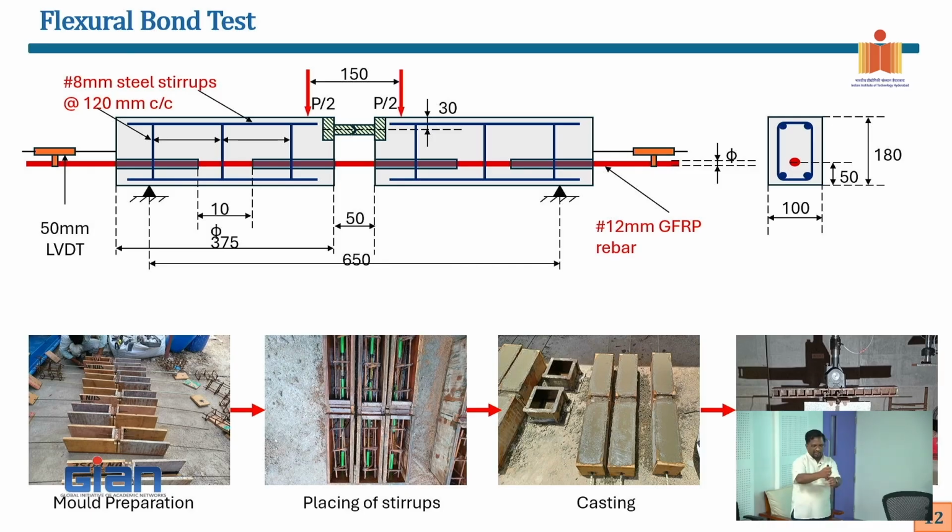Because instead of doing the simple bond test, this is closer to flexural behavior. Now I'm testing it in pure bending. The same shear stress slip, instead of doing it in this kind of pullout, which never happens in a realistic situation, right? This is more closer to reality. That is the reason we do it like this.